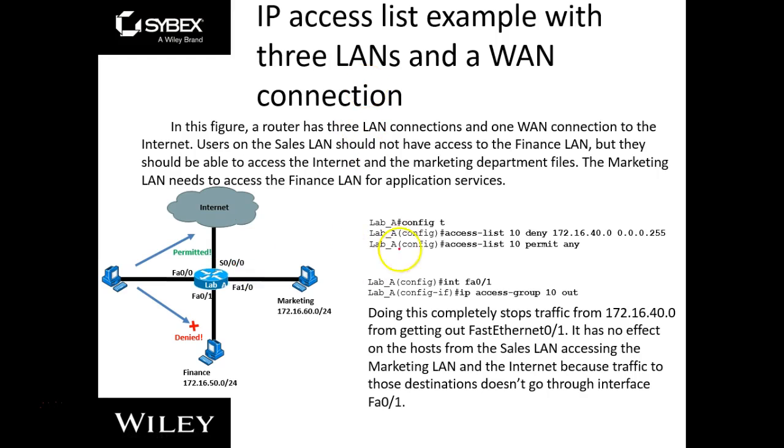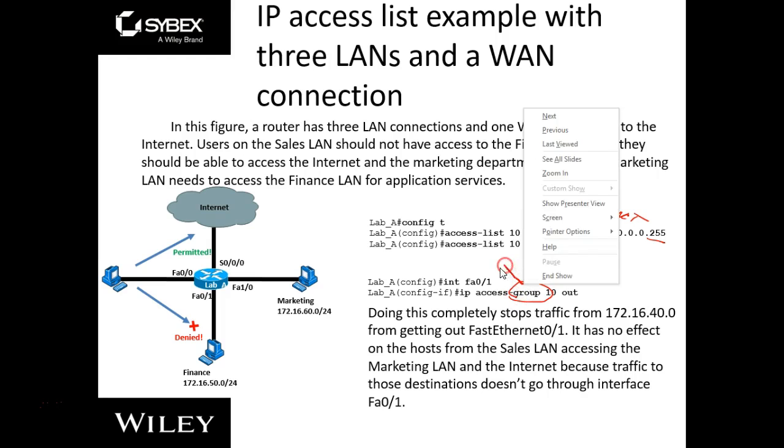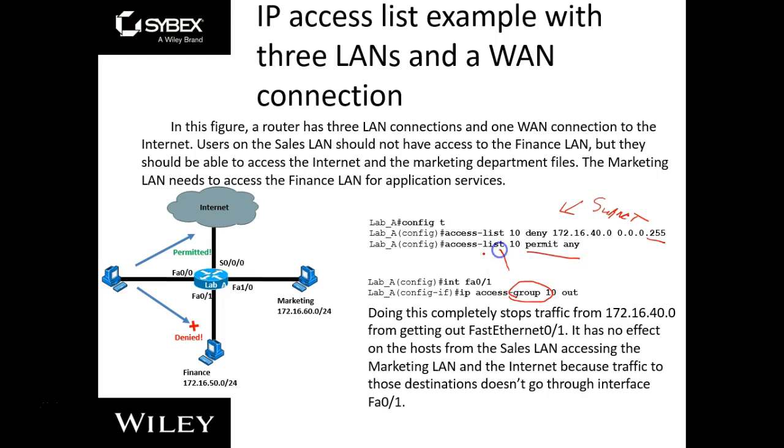These are some examples. Configure access list 10 deny 172.16.0.0 0.0.255.255, which is going to be the entire subnet. And then access list 10 permit any. Then the interface, ip access-group. Access-group goes with access lists for TCP for the interfaces.